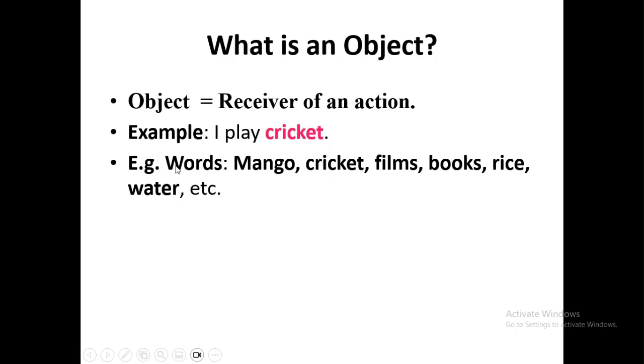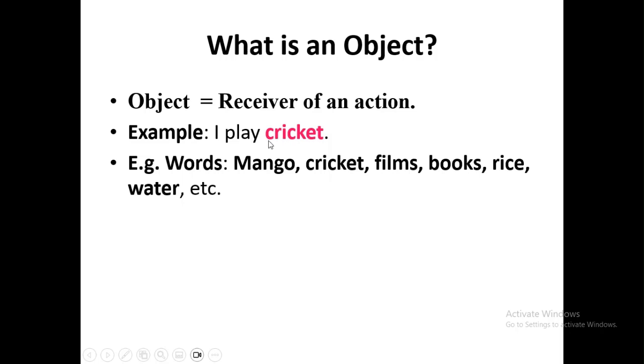Some example words for object: mango, cricket, films, books, rice, water. These are words which come in the objective position in a sentence. Here, cricket is highlighted.